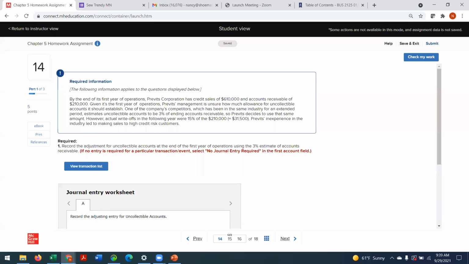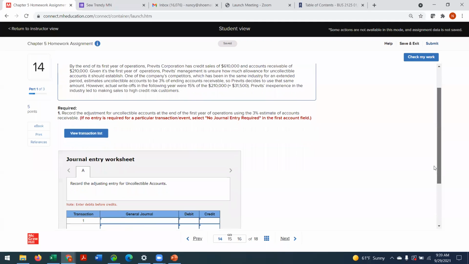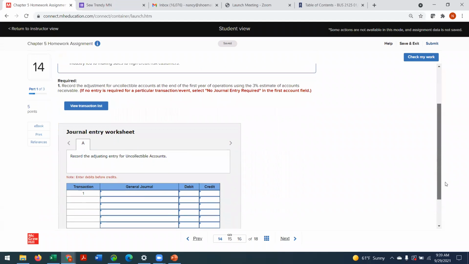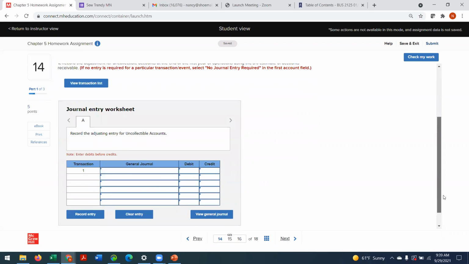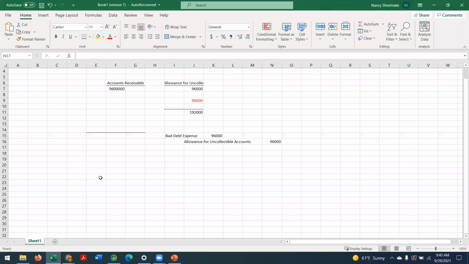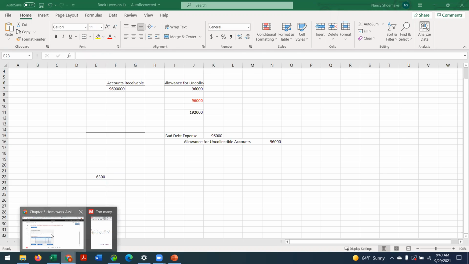Wouldn't you take 3% of 210,000 to show as a bad debt expense, or $6,300?